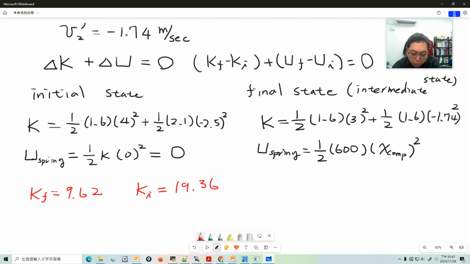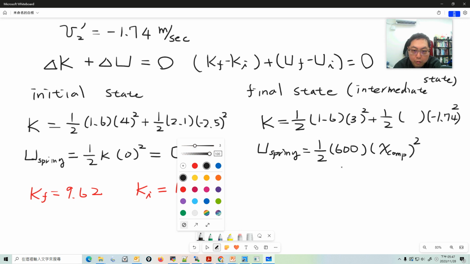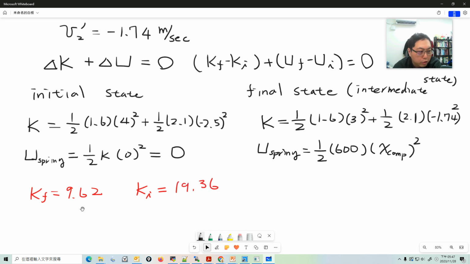Let me check the answer. Did I do the right calculation? Okay, something is wrong. This is not 1.6, sorry, this is 2.1. Be careful with your calculation.